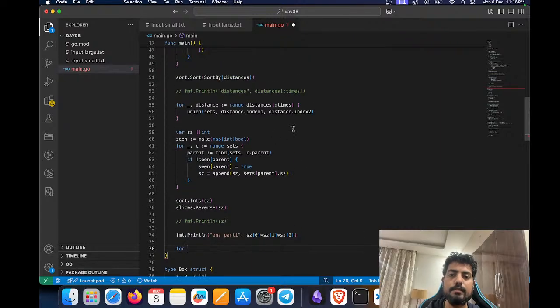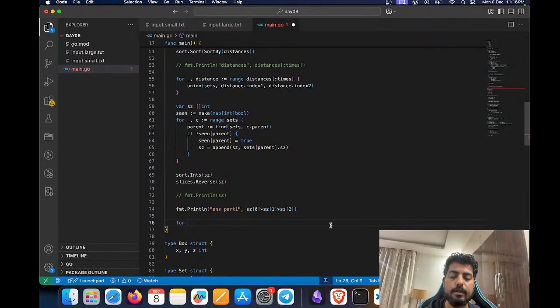Assuming that these many runs don't do anything, because obviously we had one large list even after this, it means that the circuits are still not connected in one large entity.